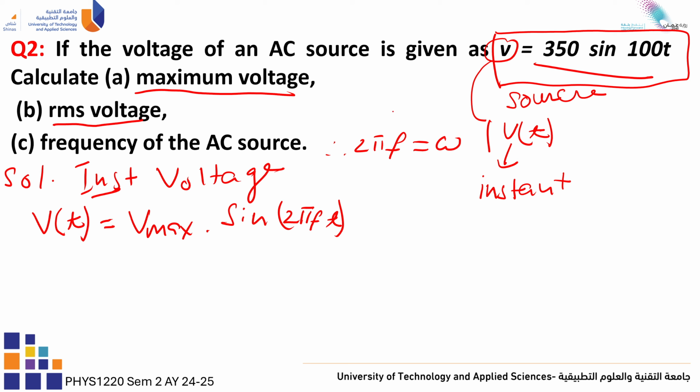Now, what is given to us in the question? I will write this information below. The voltage is equal to 350 multiplied by sine, and in the bracket it is given 100t.